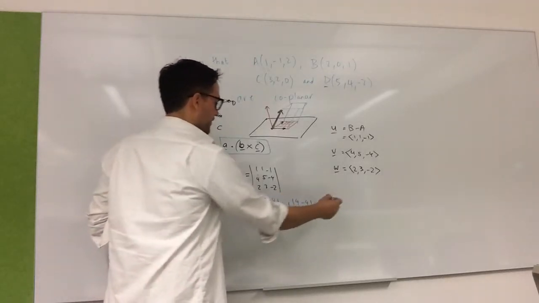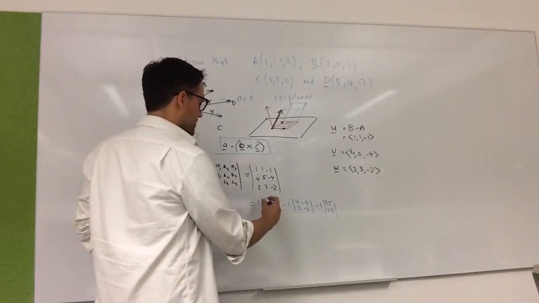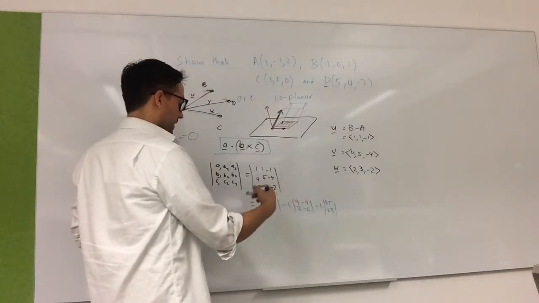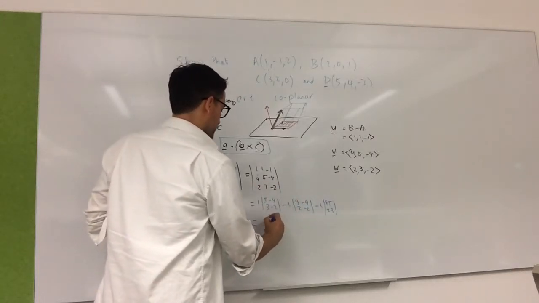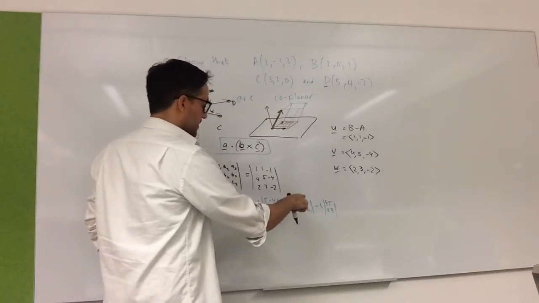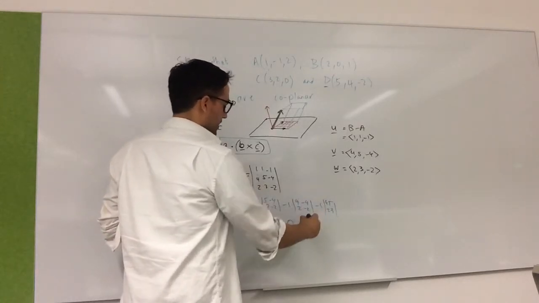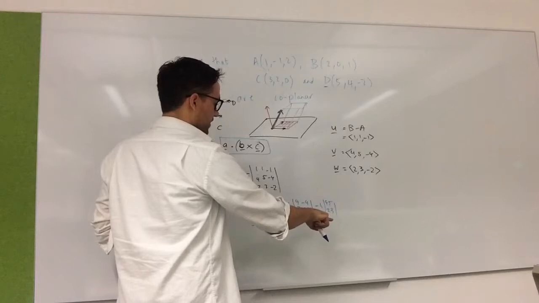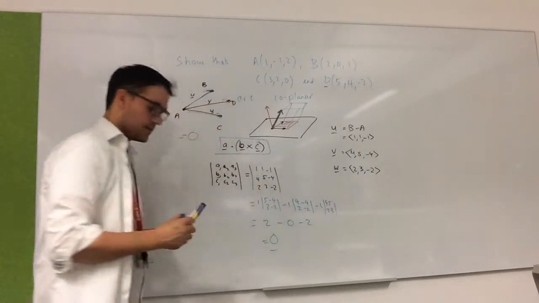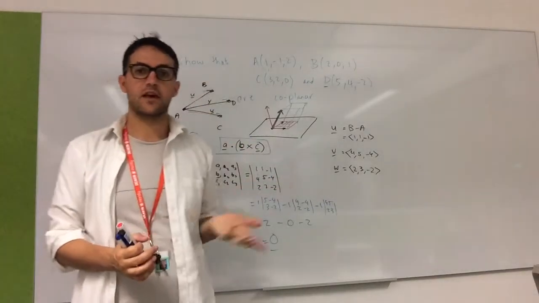We can already see from the format of these that it's going to be favorable for us, but let's do it anyway. So we get 5 times -2 is -10, minus 3 times -4, so plus 12 gives us 2. Then 4 times -2 is -8, minus -8 is plus 8, which is 0. And then here 4 times 3 is 12, minus 10 is 2, so we get 0. And so that proves what we wanted to set out to prove, that these 4 points are coplanar.